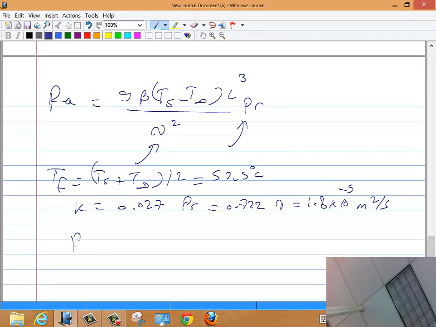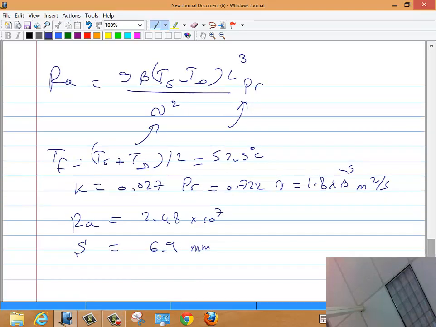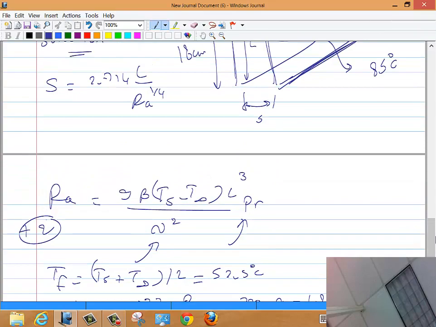Basically you can get the Rayleigh number equal to 2.48 times 10 to power 7, and from that you can get the optimum S as 6.9 millimeter. So that's the optimum spacing.